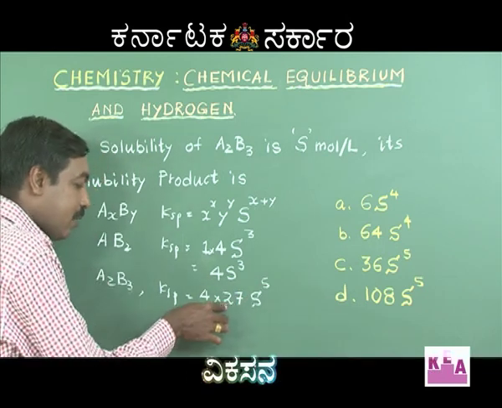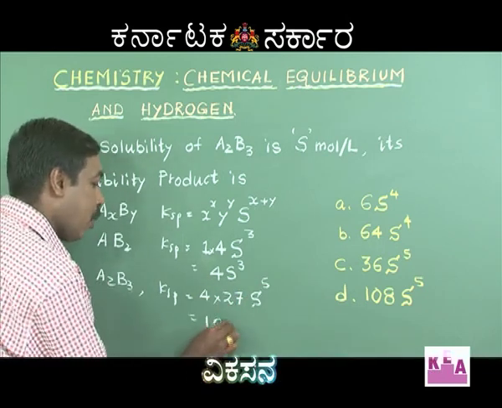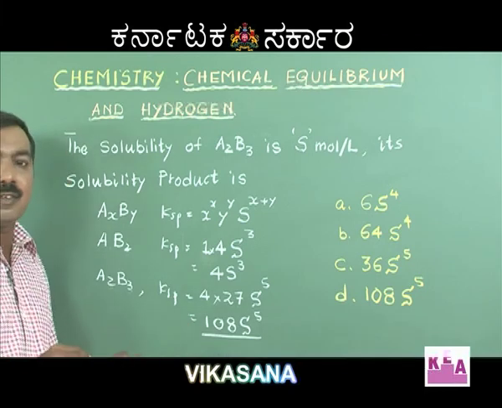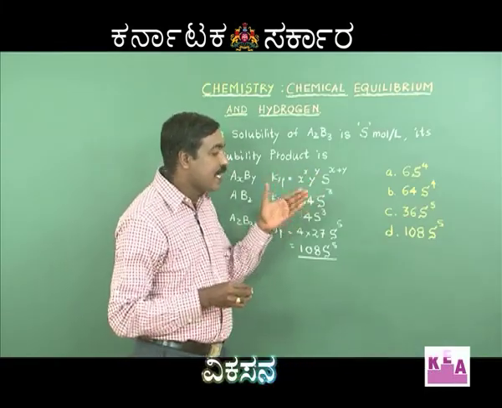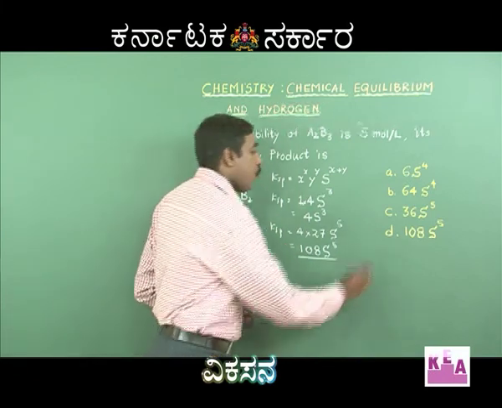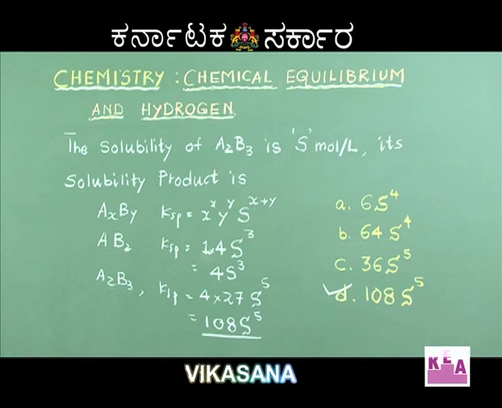So 27 into 4 happens to be 108. My right answer is 108 s to the power of 5. In the given options A, B, C and D, option D, 108 s to the power of 5, is the correct answer.